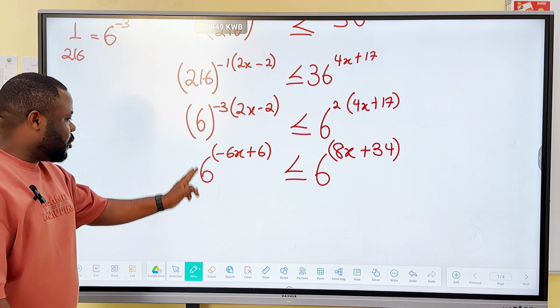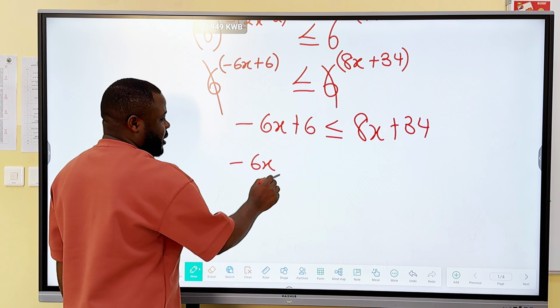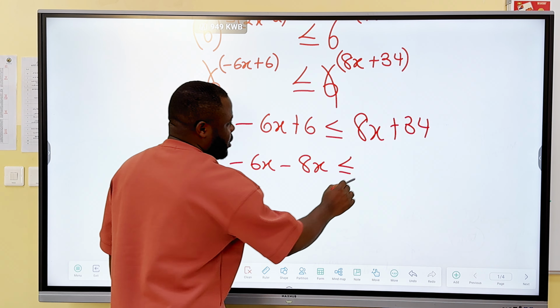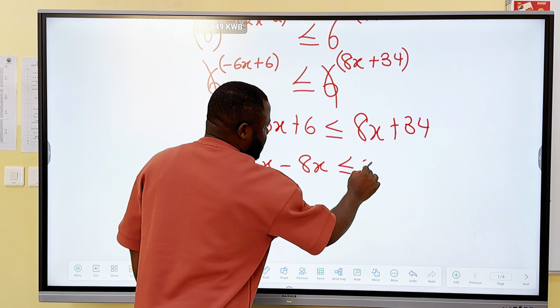All right, so now you collect the like terms so that you can find all the values of x. So you have negative 6x, you bring 8x to the other side, so negative 8x will be less than or equal to 34. Then we have 6, it's going to give you minus 6.